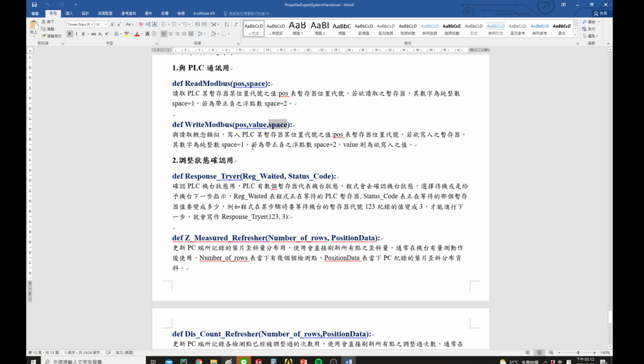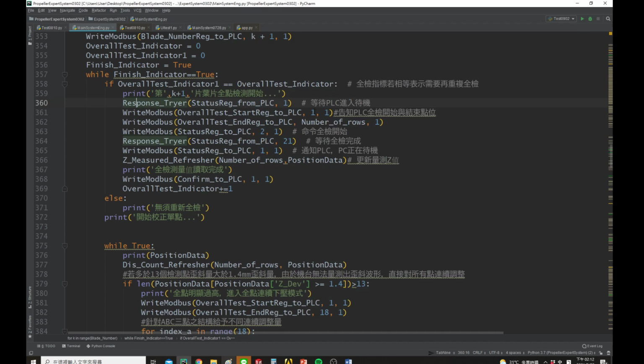For example, to write 3 into a register, it's a pure integer, so the space equals 1. To write 0.34, it's a float number, so the space equals 2. That's the meaning of the 1 and 2. Here we only input pure integers.